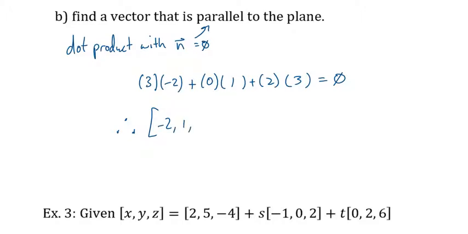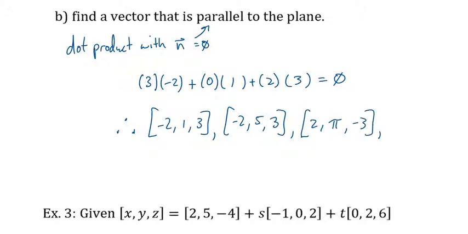Or -2, 2π, 3. I don't know why you would do that, but it would work as well. You should be able to come up with many, many, many quickly. Again, this is not a question you want to spend a lot of time on. They're parallel to the plane, so they're direction vectors. That can be a useful thing to have.